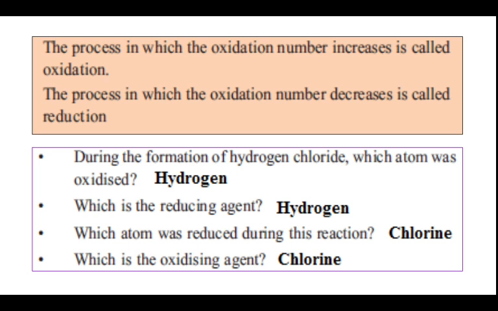During the formation of hydrogen chloride, which atom was oxidized? It is hydrogen. And which is a reducing agent? It is hydrogen. Which atom was reduced during this reaction? It is chlorine. And which is an oxidizing agent? It is chlorine.